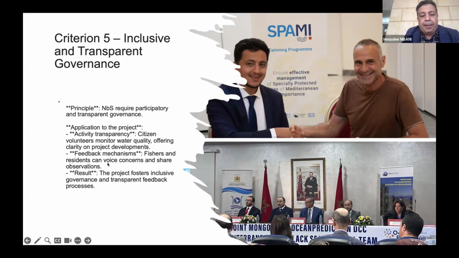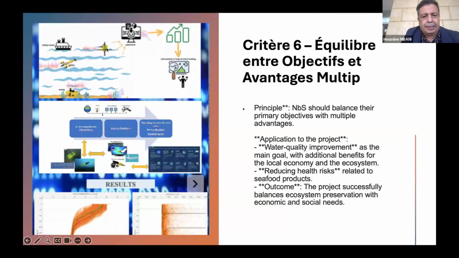So this makes a real criteria of equity, because there is a real balance between multi-advantage, because of the tools and the systems we have, as you can see in the slide: underwater systems, surface systems, and dynamic systems like glider.